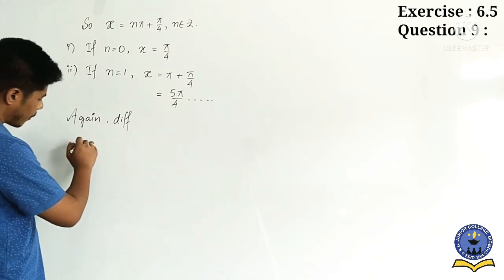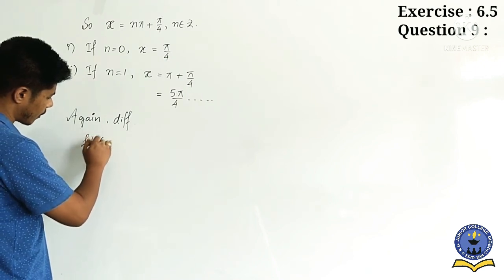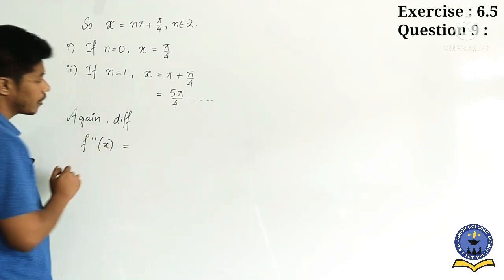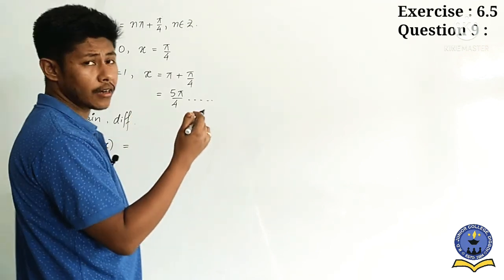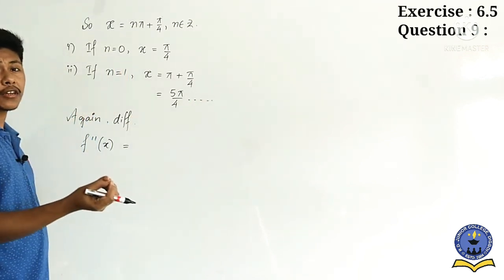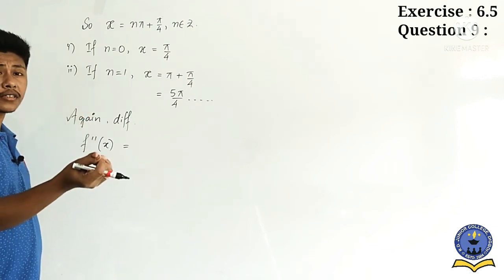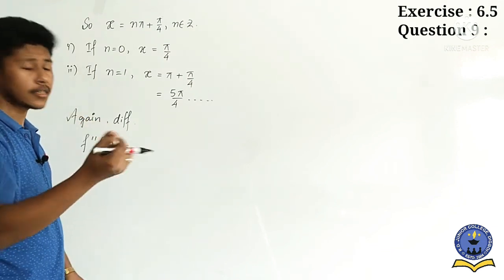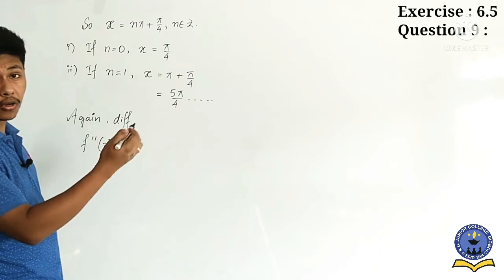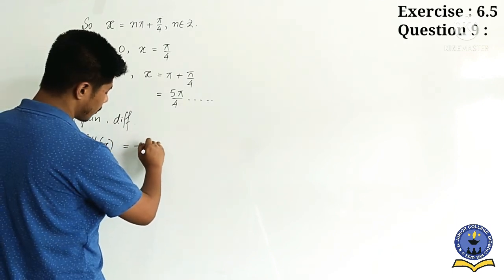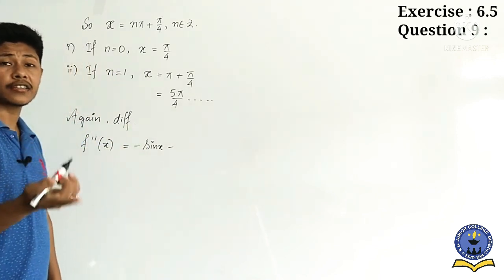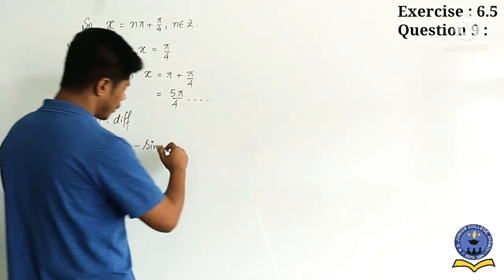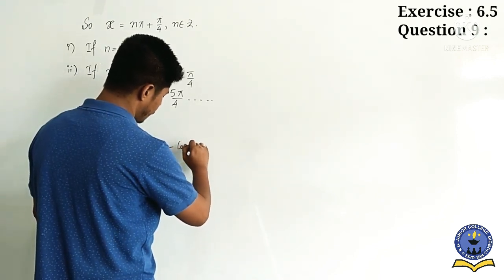Now we differentiate again to get f double dash of x. The function is f dash of x equal to cos x minus sin x. So d/dx of cos x is minus sin x, and d/dx of minus sin x is minus cos x.